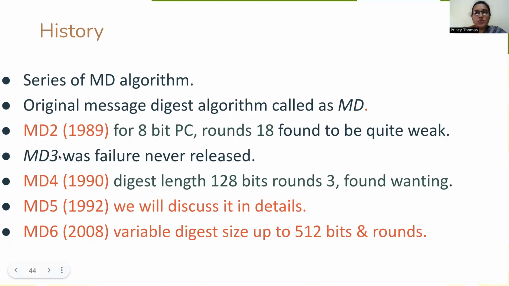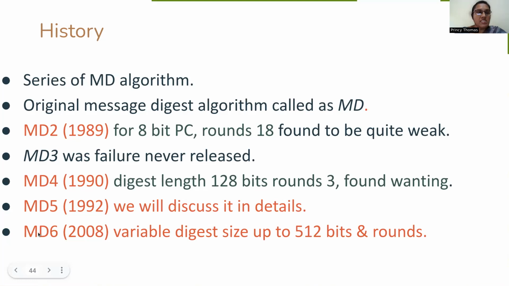MD3 was a failure, so it was never released. MD4 was released in 1990. Its digest length was 128 bits and it had 3 rounds, but this was also found less secure. Then MD5 came about in 1992. It is still used, and we are going to discuss MD5 in detail because this is your syllabus.